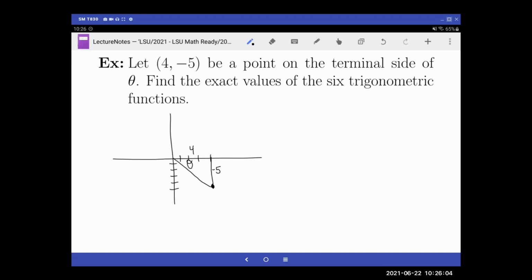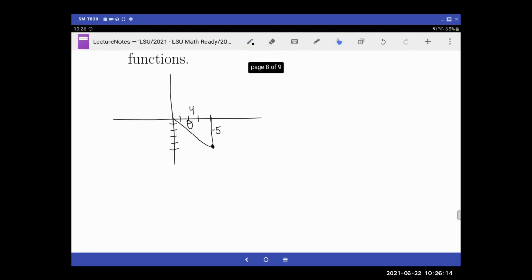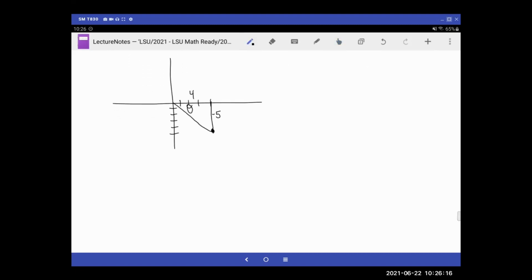Okay, and so from there, they want to find the exact values of the remaining 6 trig functions. So we need to find the hypotenuse. Okay, let's find the hypotenuse. 16 plus 25 is equal to c squared. 41 equals c squared.